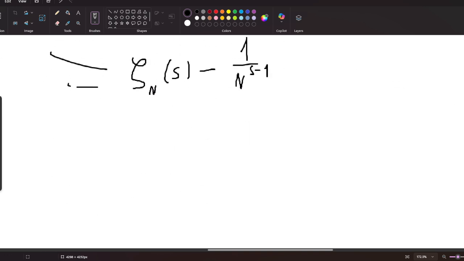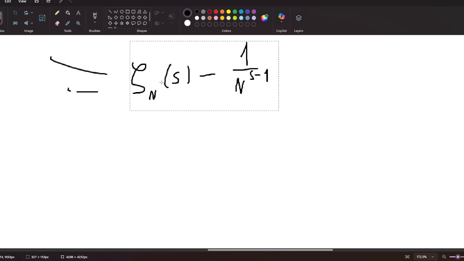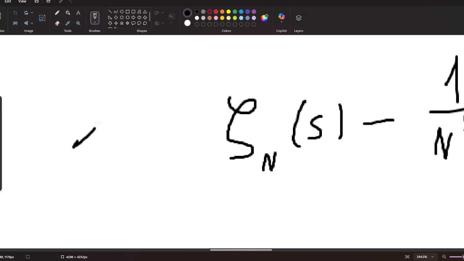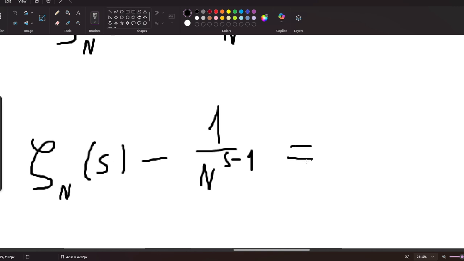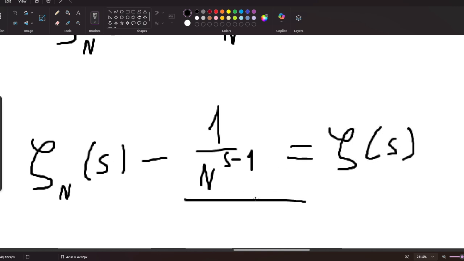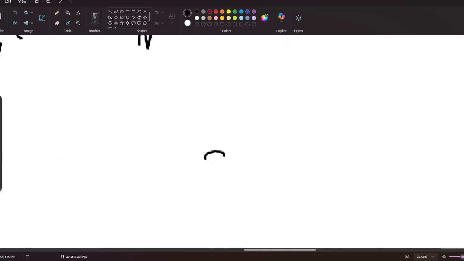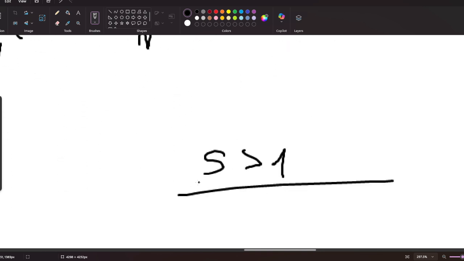If we take the limit as N approaches infinity, we get the Riemann zeta function of s minus the limit of this thing. Now recall how s is going to be greater than 1.